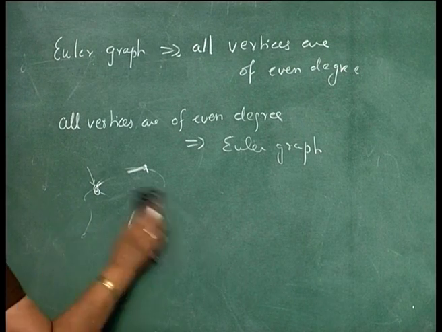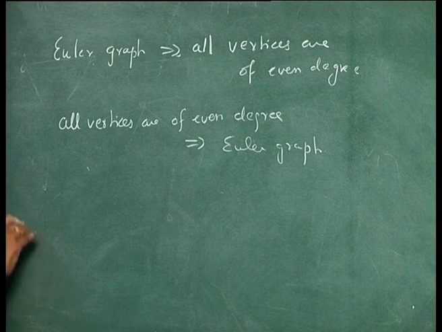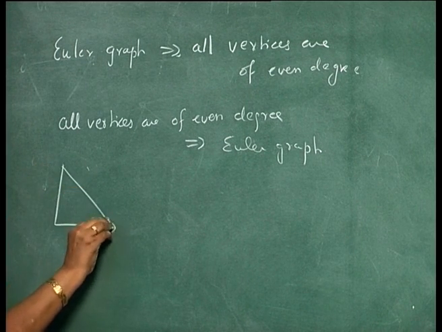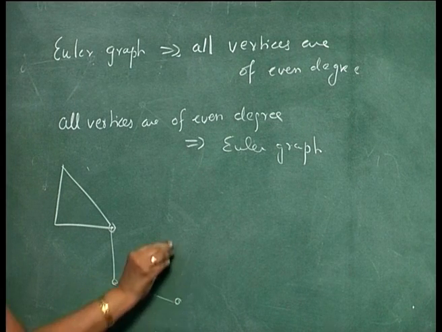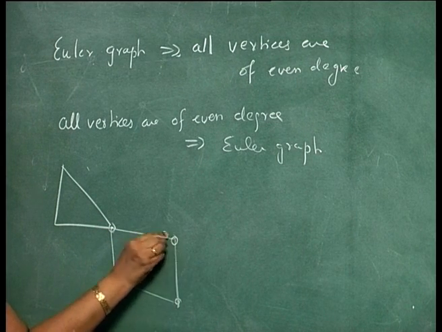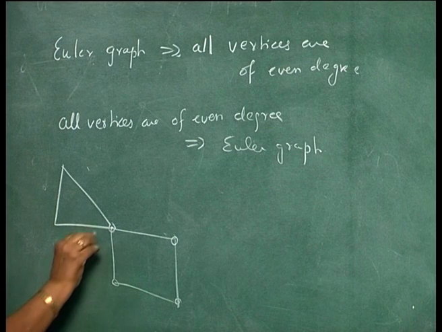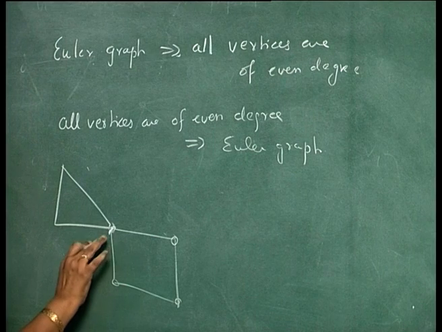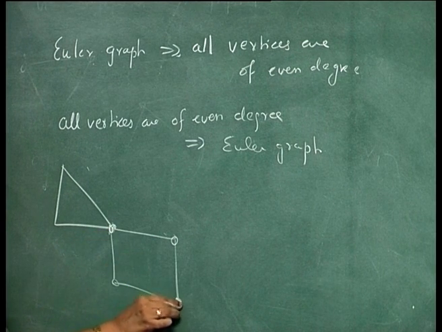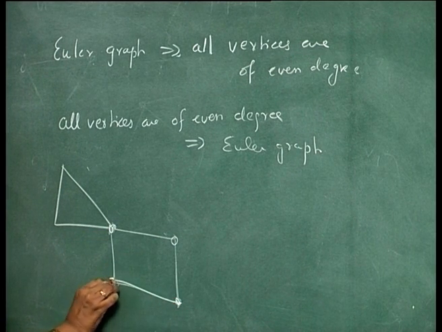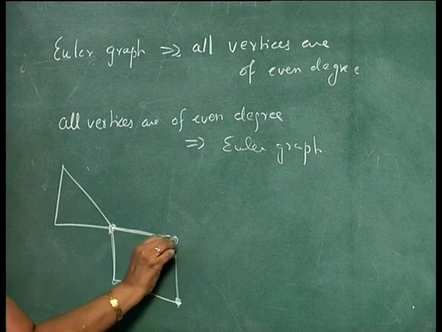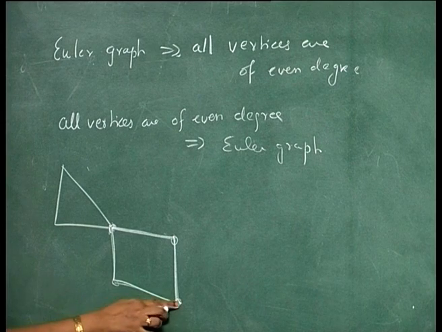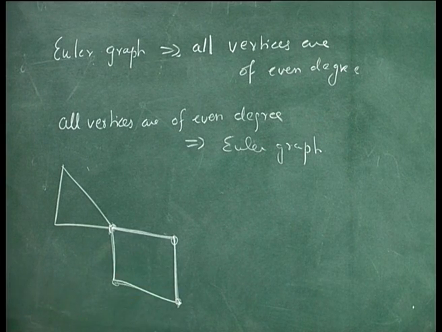So, for example, instead of drawing like this, I will consider this example which we considered. So, starting from here, consider a closed walk like this. It has started from here and ended here.